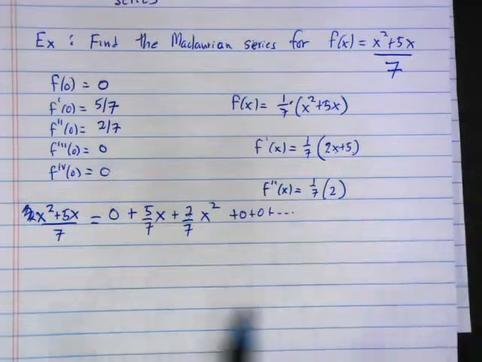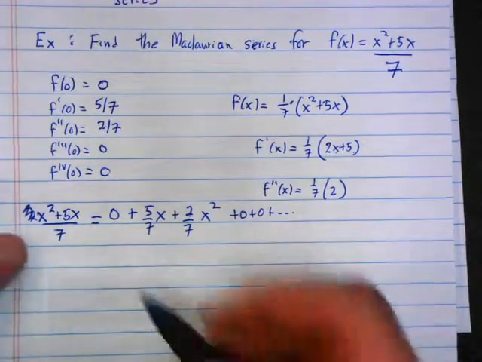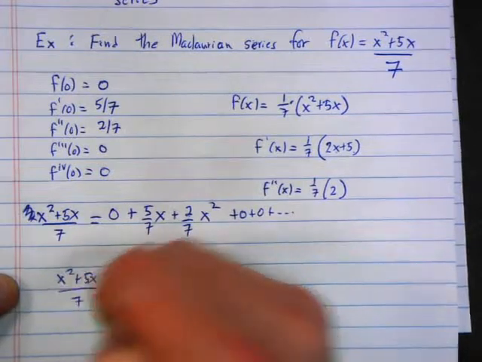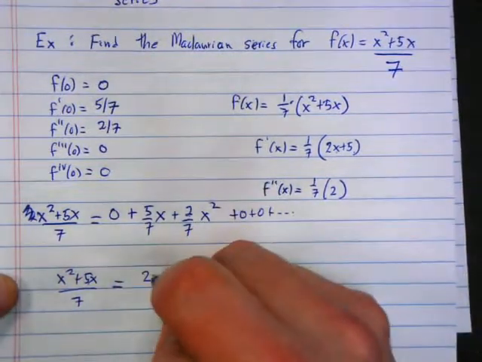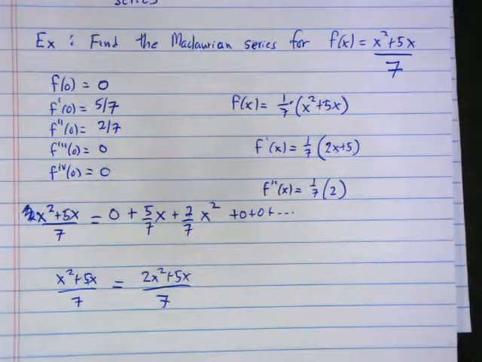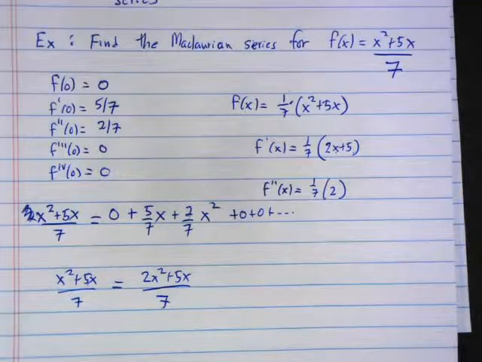Something's not right. Because look what we have on the left-hand side. We have x squared plus 5x over 7. And on the right we have 2x squared plus 5x over 7. Are those equal? No. Something's off there.